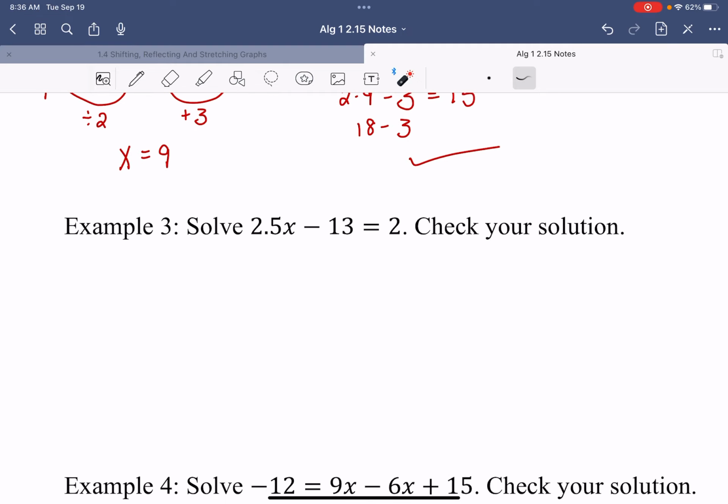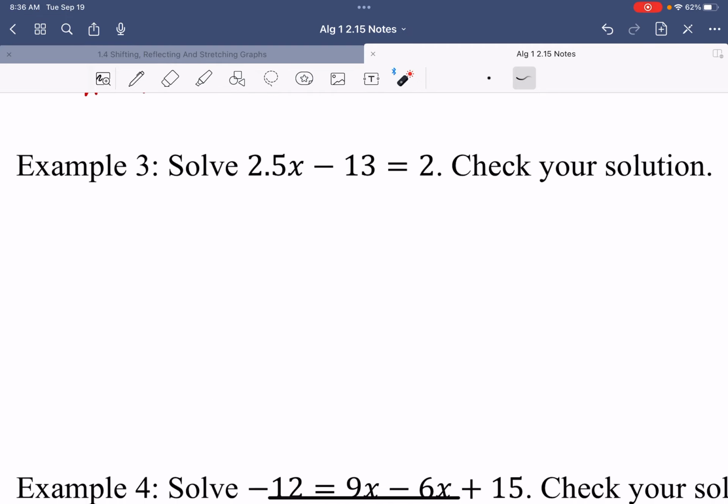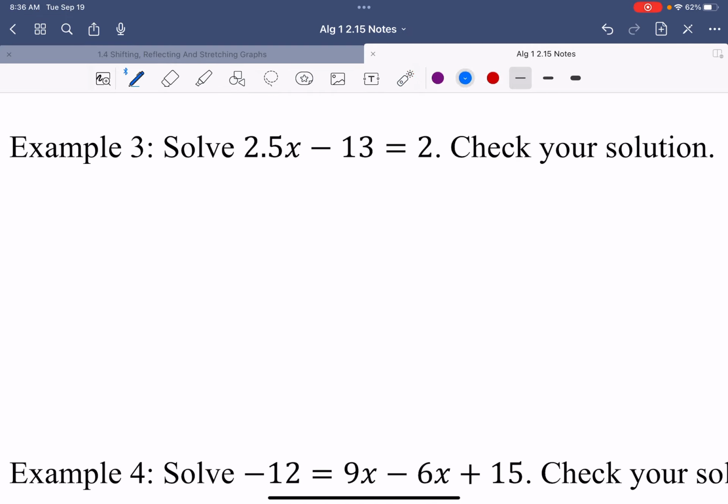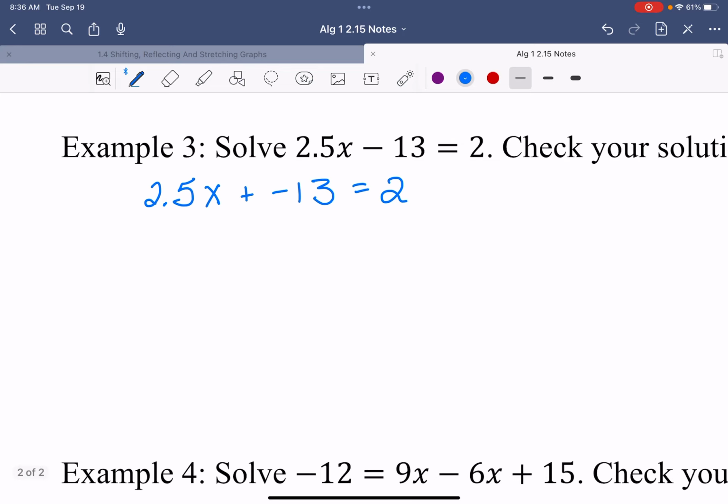Okay, so now I'm going to show you how to do one without mapping. Here's my equation. 2.5x, again, I'm going to start by rewriting it as plus a negative 13 equals 2. So again, to undo this, I look at my x, just the same as last one. I find my variable. Here's my x, and I ask myself, what's happening to my x?